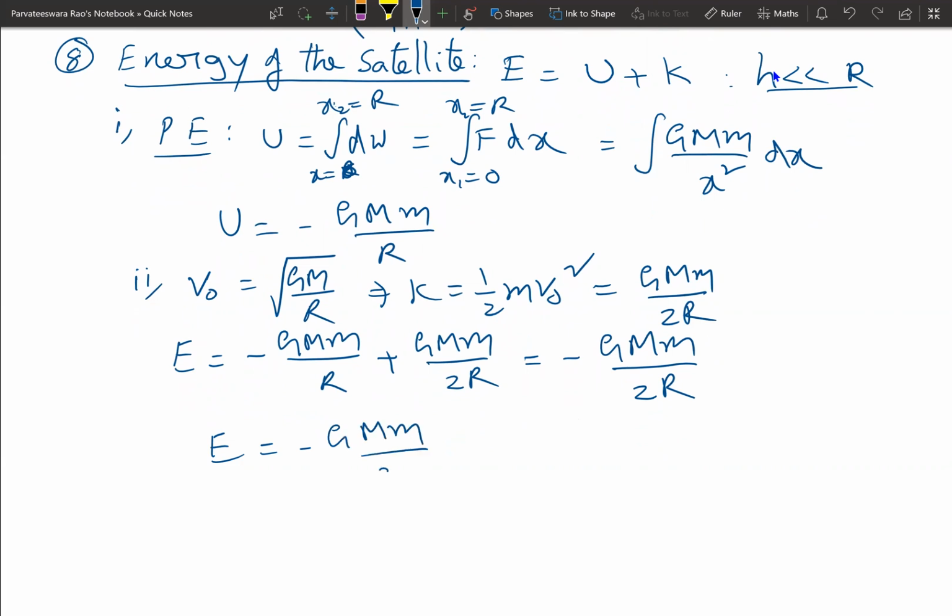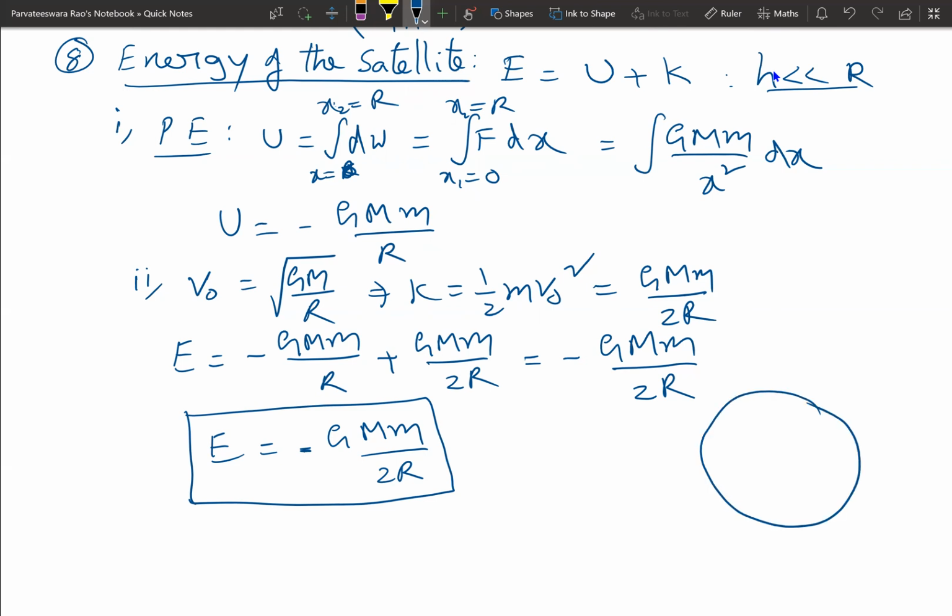Sir, but sir, how can energy be negative, sir? Because it is scalar. Negative sign means it has got a physical significance. It's not like your vector negative, positive, negative vectors. The negative sign means here is the Earth and here is the satellite. So satellite is always constantly pulled by Earth's gravity, but it is held in the orbit against the gravity.